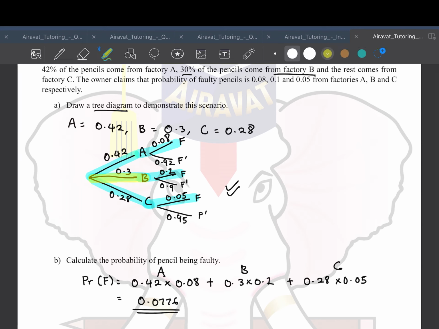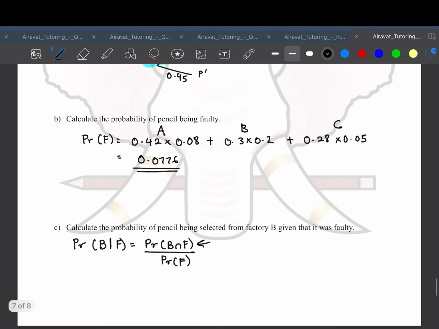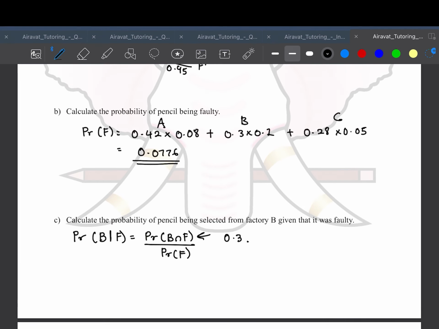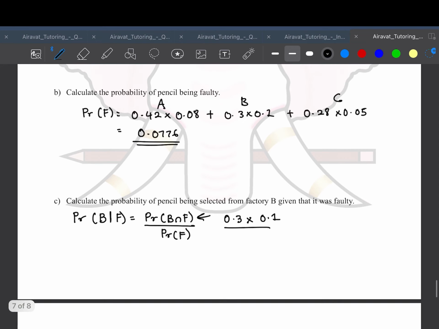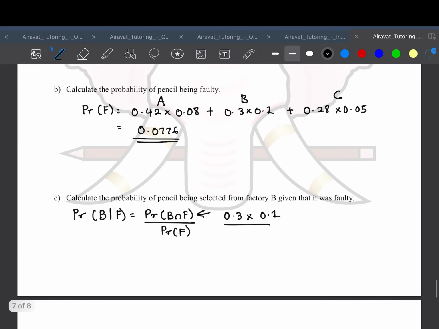So the probability of B given that it's faulty is going to be 0.3 times 0.1, as shown on this branch in yellow, divided by the probability of faulty. The probability of a pencil being faulty that we calculated in the previous part is 0.0776, and if we simplify this we get a probability of 0.387, and there you go, that's your answer.